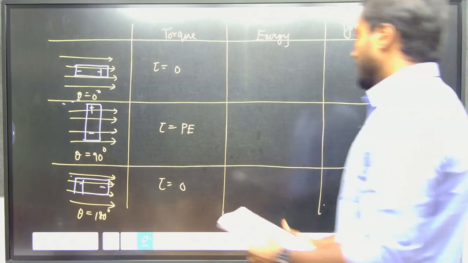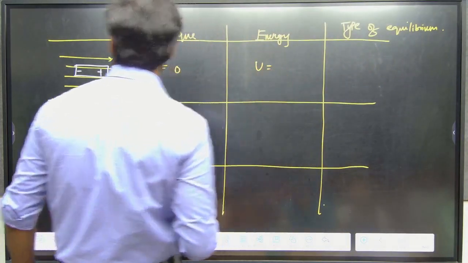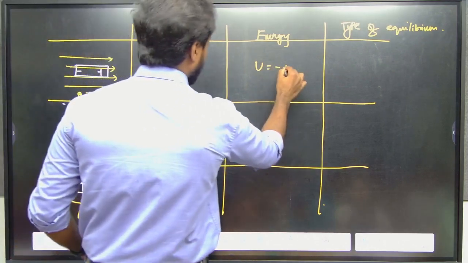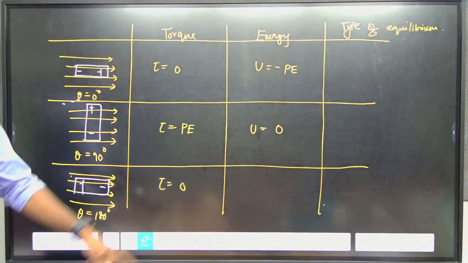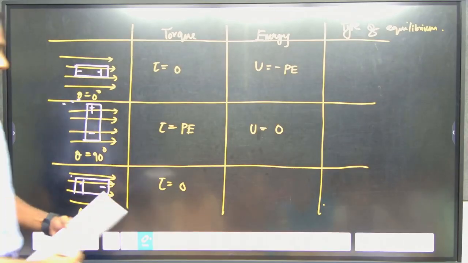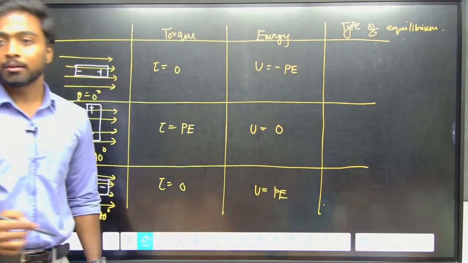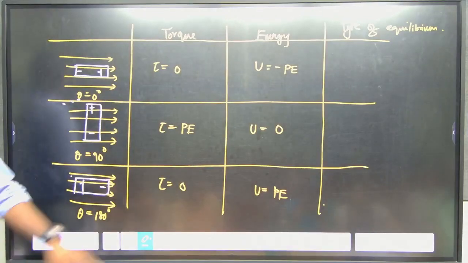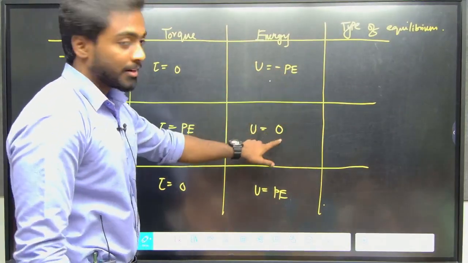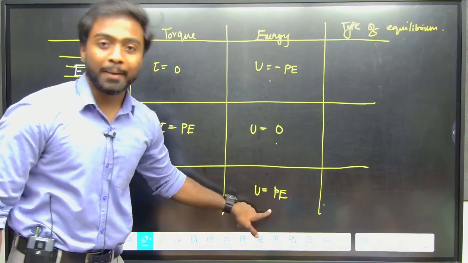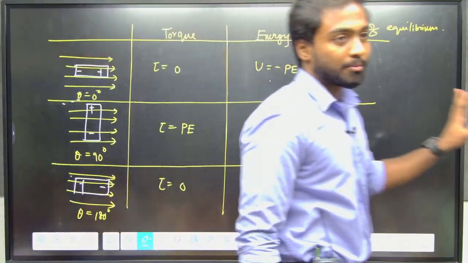What about the energy? U will be equal to minus PE, here U will be equal to 0, and the third one, U will be equal to PE. Any doubt here? We are substituting only the angles. So cos 0 is 1, cos 90 is 0, cos 180 is minus 1. So minus of minus becomes plus, and here I am writing as it is, minus PE.